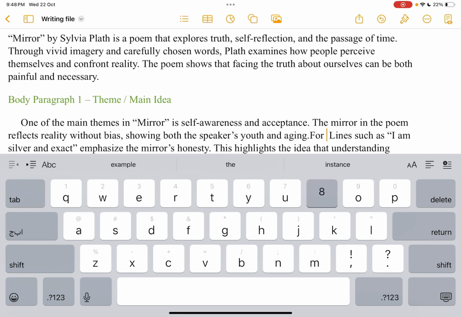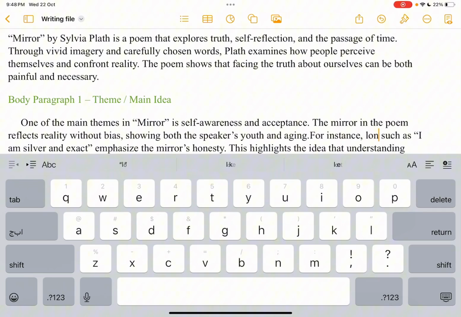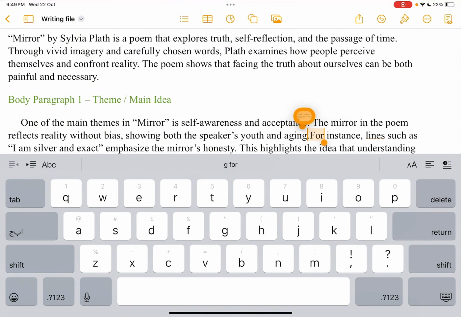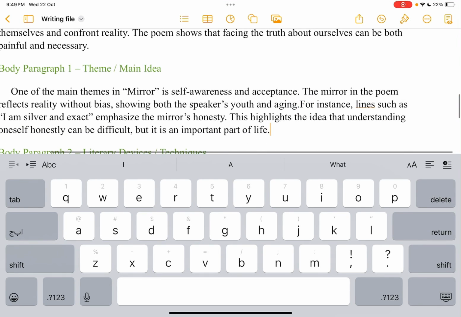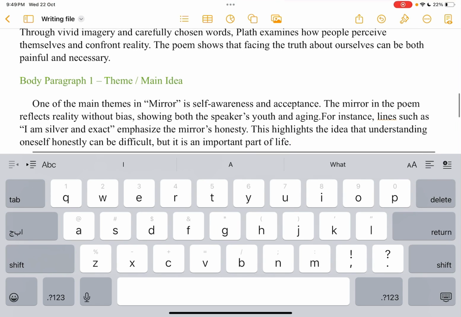Write for instance, or for example, lines such as, "I'm silver and exact," emphasize the mirror's honesty, and this highlights the idea that understanding oneself honestly can be difficult, but it's an important part of life. So this is the theme and the main idea that the mirror is all about self-awareness and acceptance, and then I explained it.